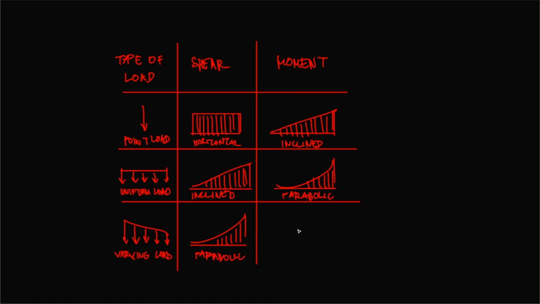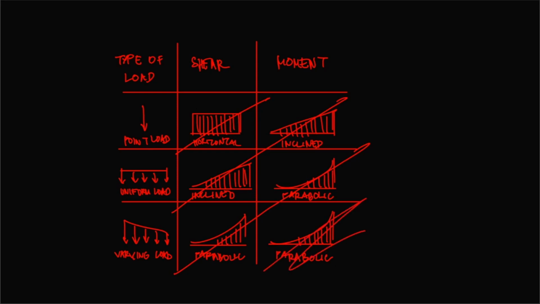And then for the moment of a varying load, it will still be a parabolic figure. As you can see, there is a pattern. It will start as horizontal and then inclined and then parabolic, and then this would be a third degree parabolic figure, I guess. That is all.